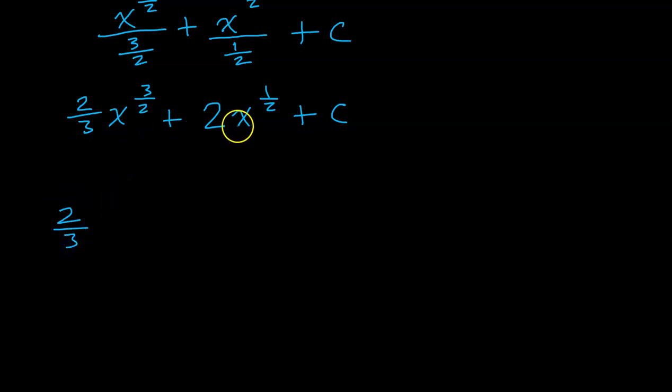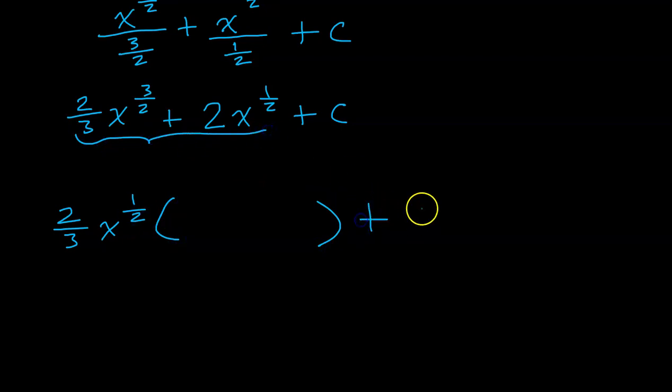When it comes to the variable, I'm going to choose the smallest power. So I have x to the 1/2 power is the smallest. So I'm going to bring out 2/3 and x to the 1/2 power outside of parentheses. So I'm really just doing this part because I'm still going to leave my constant of integration out front.